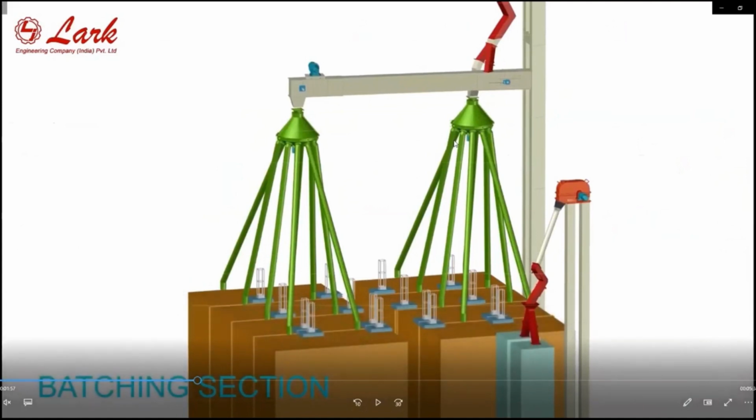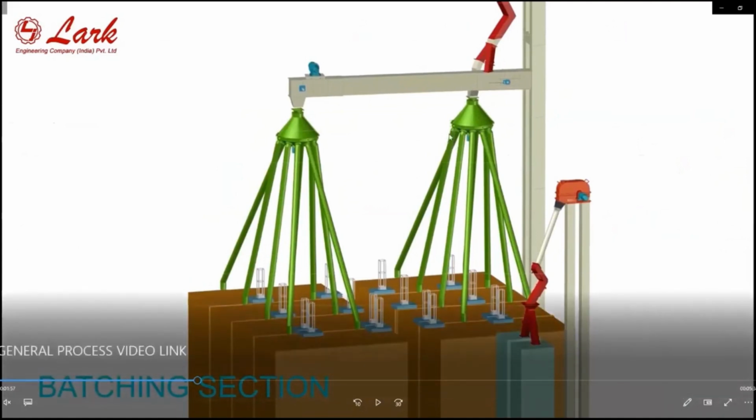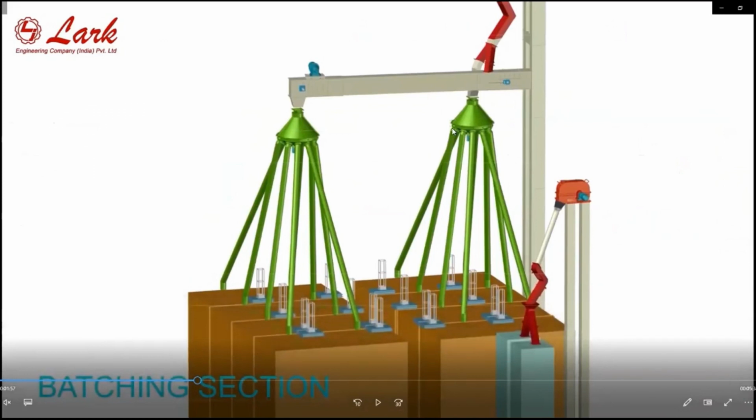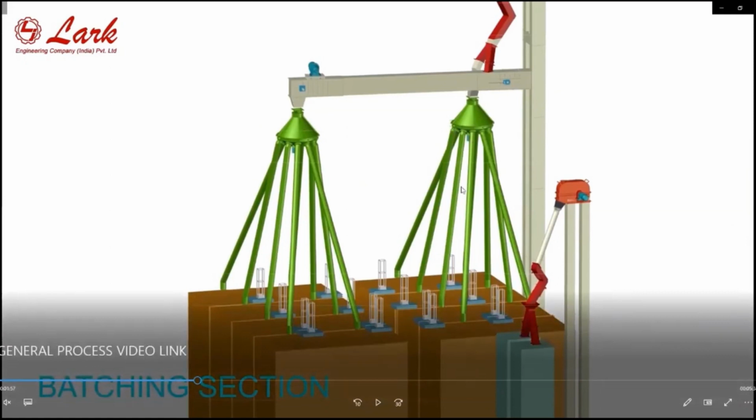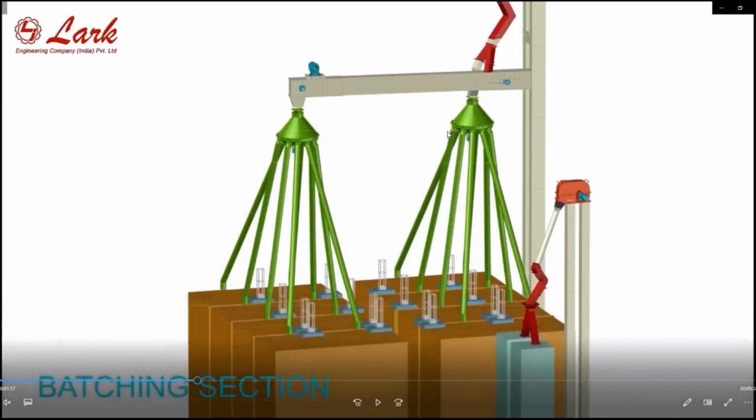The angle and the slope of the connecting ducts and chutes, the connecting ducts, chutes, elevators, the angle must be on the higher side so that there is less material jamming and more life of the chutes and the ducts. You can see the angle of this distributor is even more than 65 to 70 degrees, so that there is free flowing of the material and very little jamming.